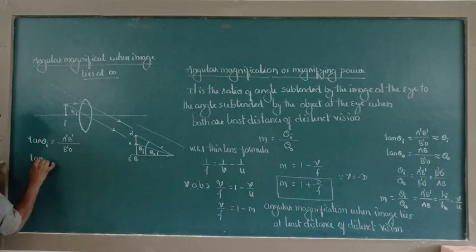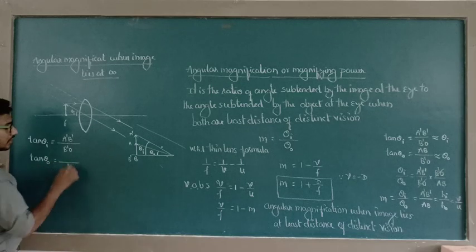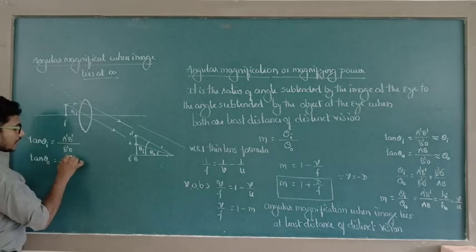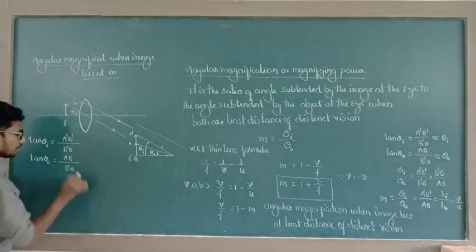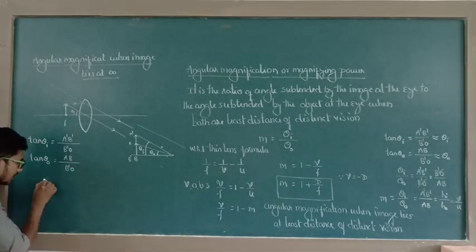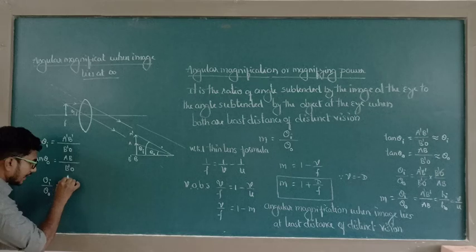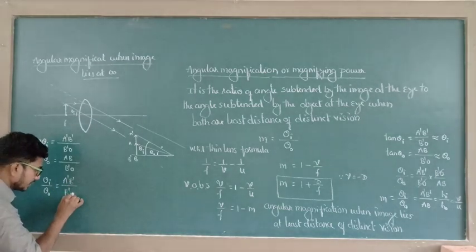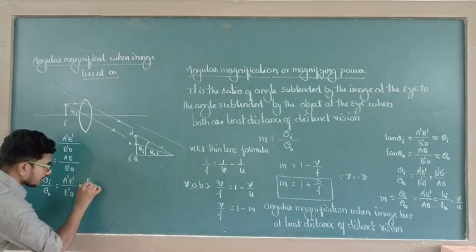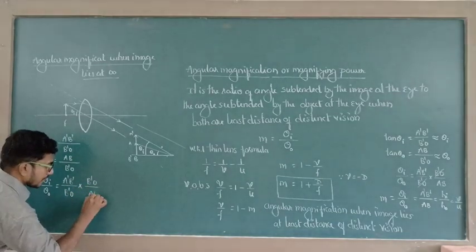And tan theta naught is equal to the height of the object AB divided by the base BO or B dash O. Then theta I divided by theta naught is equal to A dash B dash divided by B dash O into B dash O divided by AB.